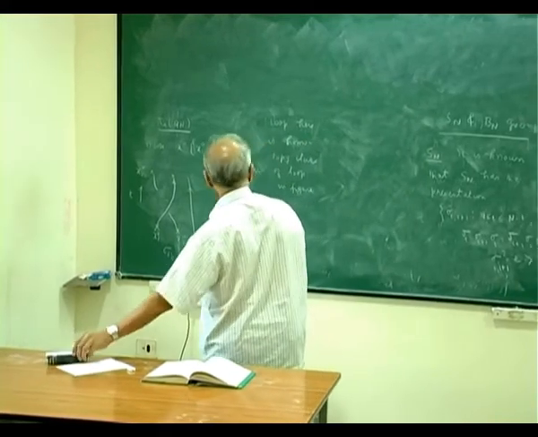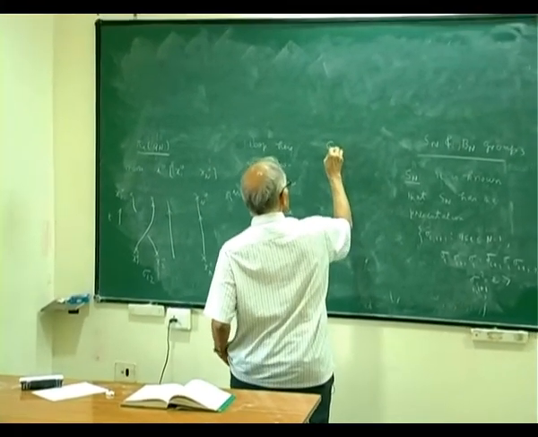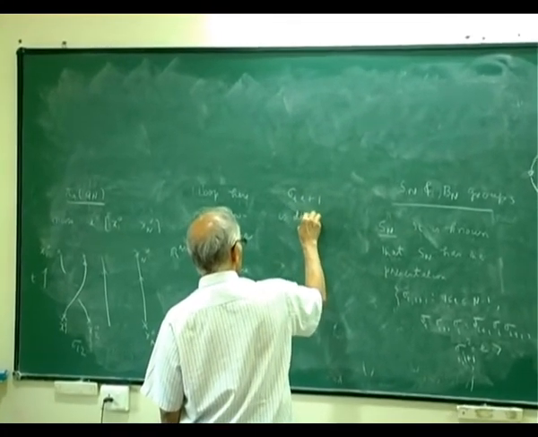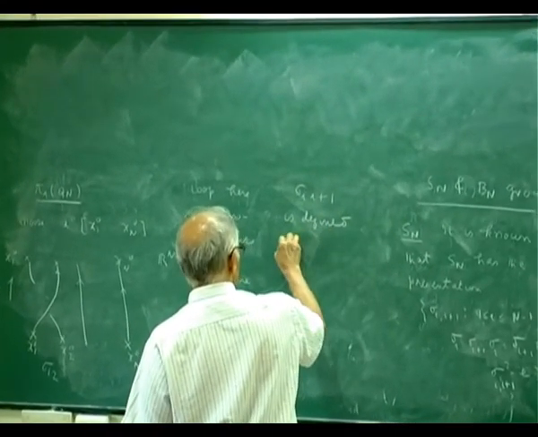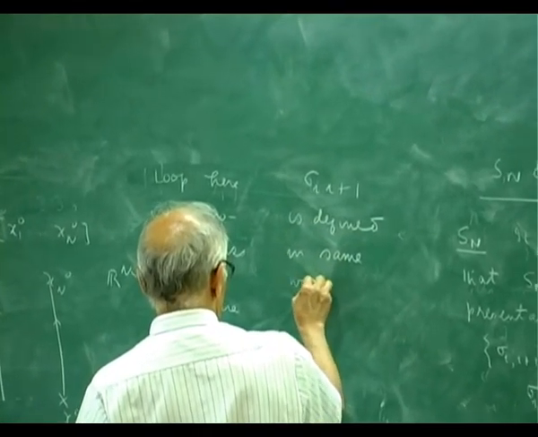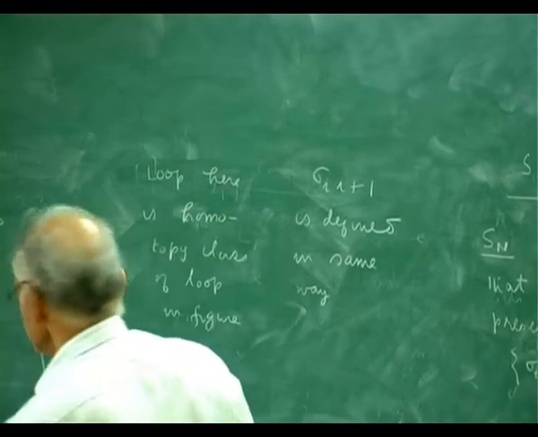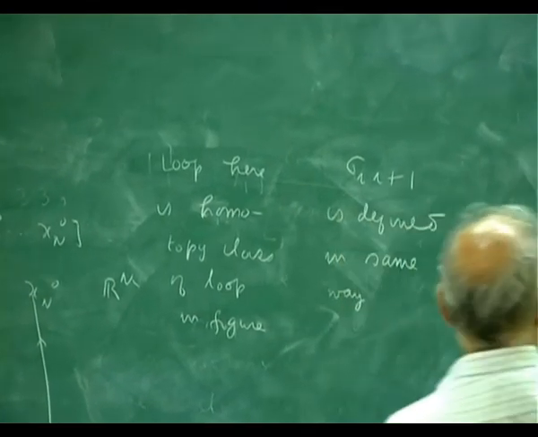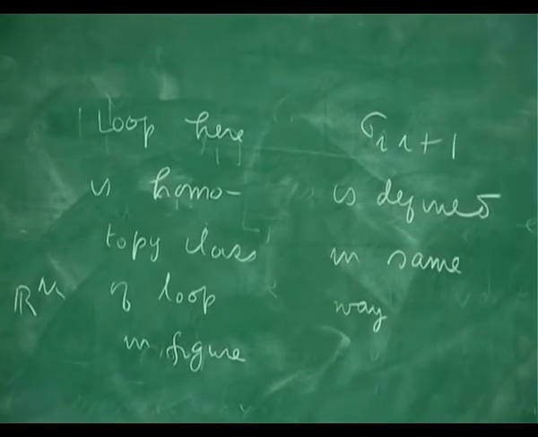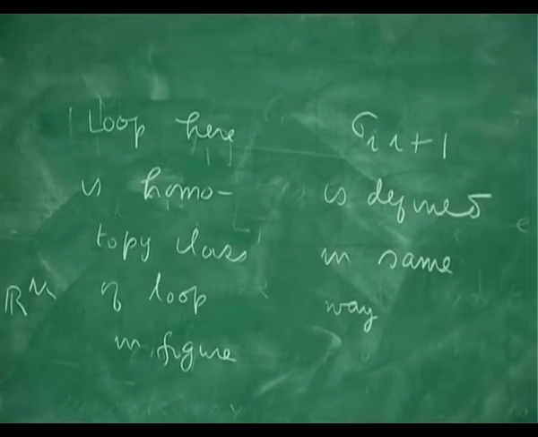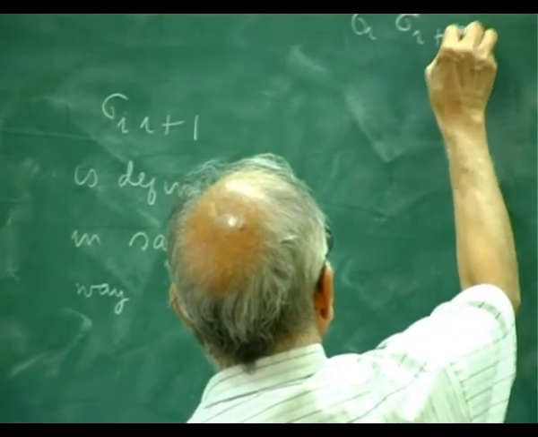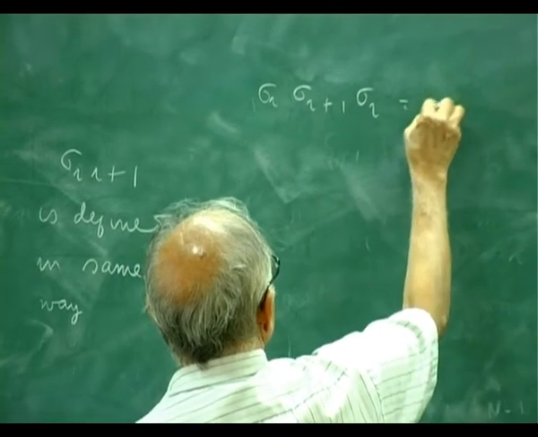So I want to look at sigma ij, sigma i plus 1 defined in the same way. Now the relation, what is most interesting is this relation, sigma i plus 1, sigma i, sigma i plus 1 equals sigma i, sigma i plus 1, sigma i.